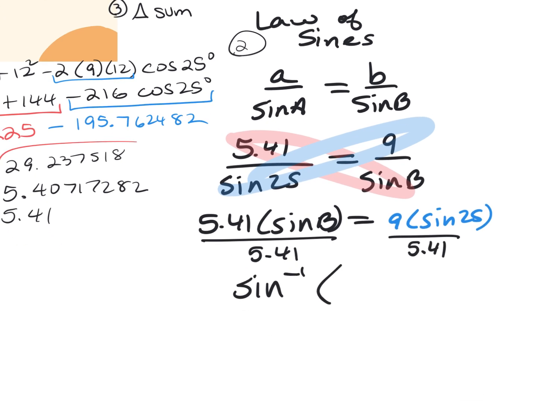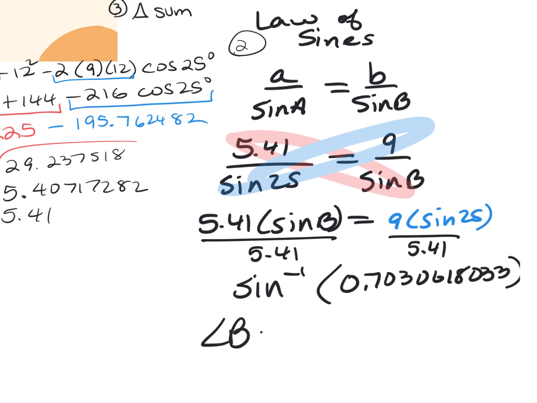Once I divide this, I get 0.7030618033. Then angle B is equal to, after I do inverse sine with that decimal, 44.67.